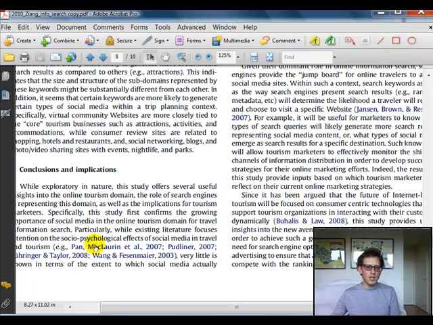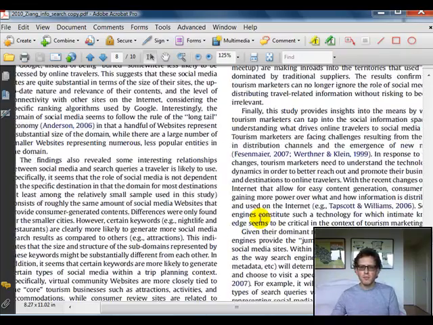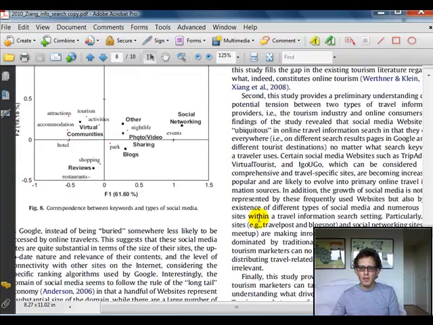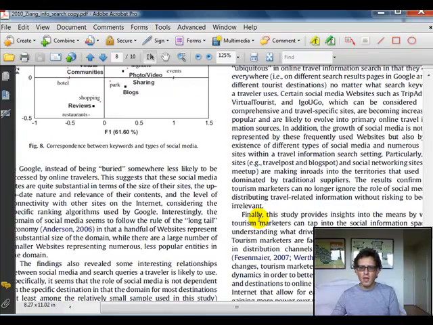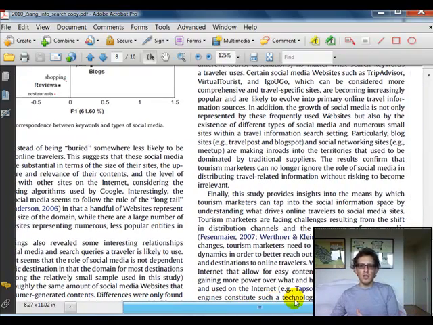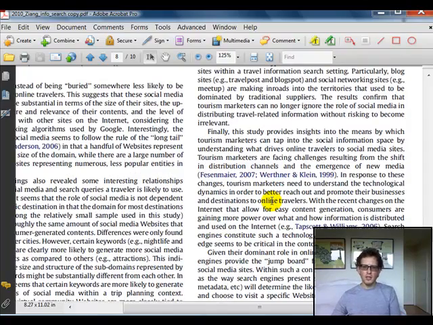They're still talking about what they contributed to the previous research. And then here at some point they sort of transition gradually to talking about the travel industry and how the travel industry can use their findings. For example, they say, finally, this study provides insights into the means by which tourism marketers can tap into the social information space, and so forth.